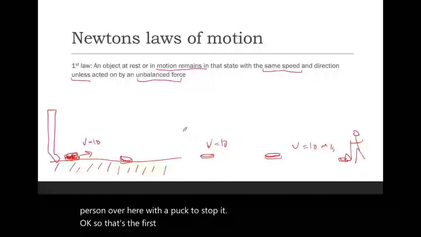So this F equals ma equation splits into two equations. We have force net in the x direction equal to the mass times the acceleration in the x direction. And similarly, we have force net in the y direction equals mass times acceleration in the y direction.